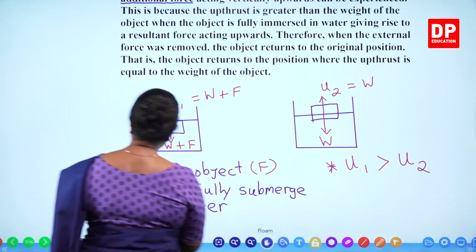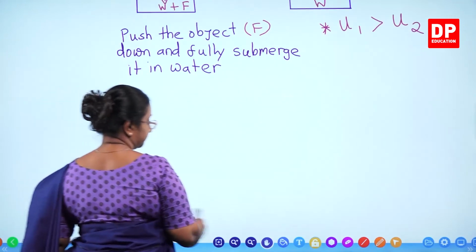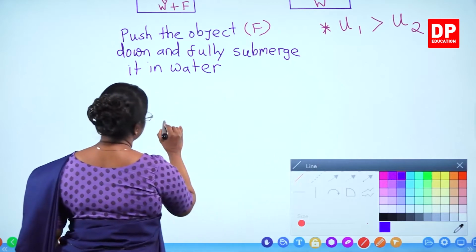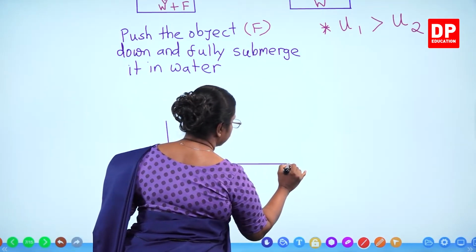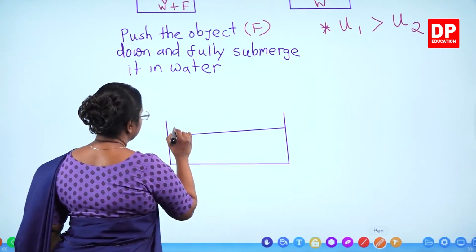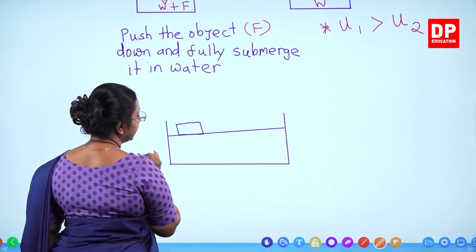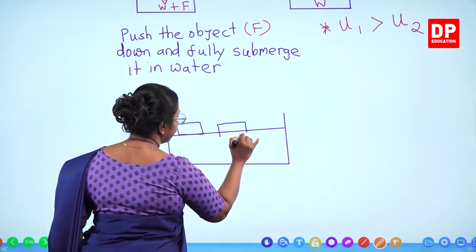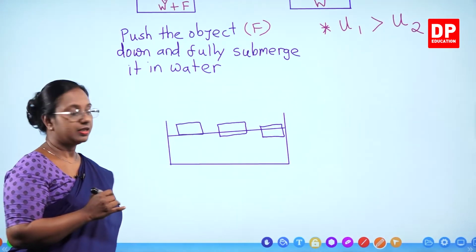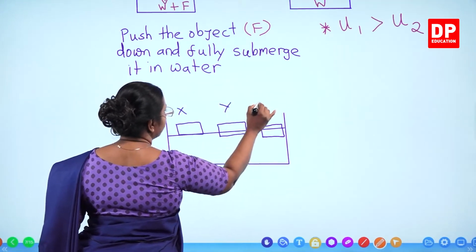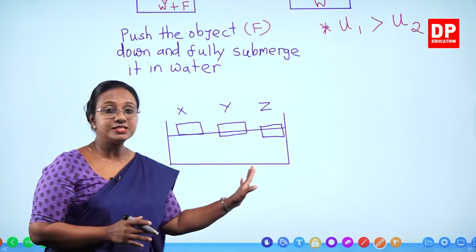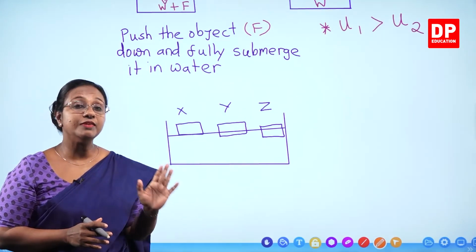So if we look at different objects, let's say an object floating like that, an object floating like this, and an object floating like that. Let's say X, Y, and Z. What can you say about the upthrust? In all three instances, upthrust is equal to the weight of the object.